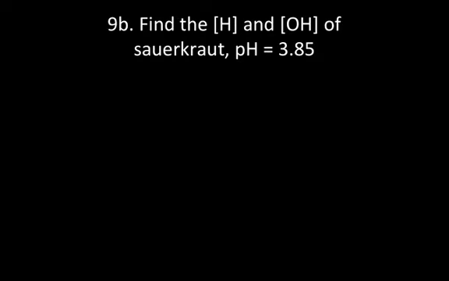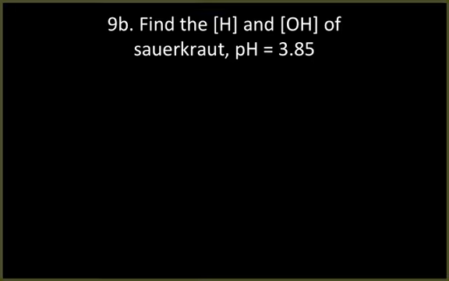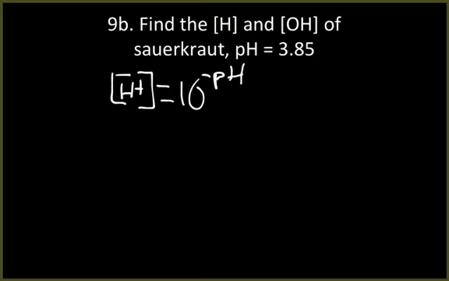Find the H and OH of sauerkraut, which has a pH of 3.85. Similar to the last couple of problems, we know that H is equal to 10 raised to the negative pH, so 10 to the negative 3.85, and solve.